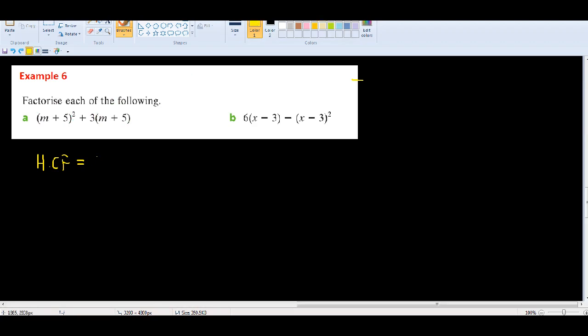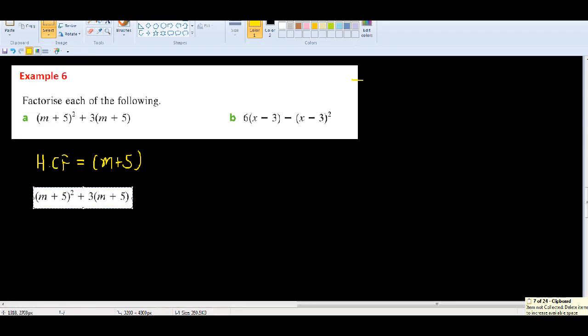So the highest common factor will be m plus 5. That's it. So when we do it, you take just m plus 5 as common factor.